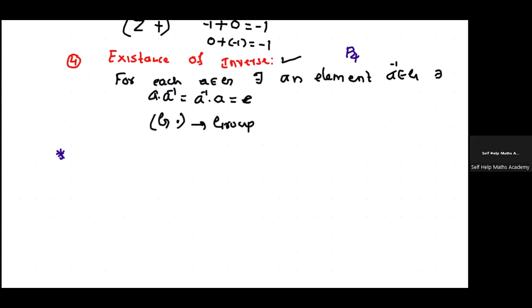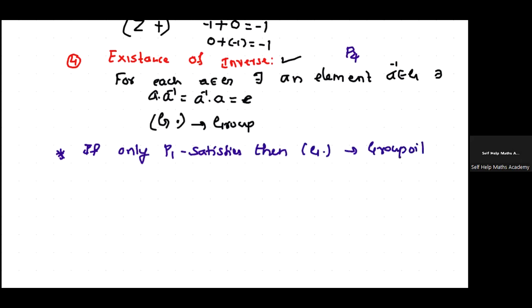the first one, if only P1 is satisfied, meaning only the closure property is satisfied, then we call G dot a groupoid.